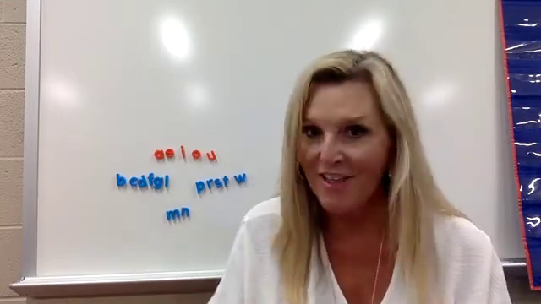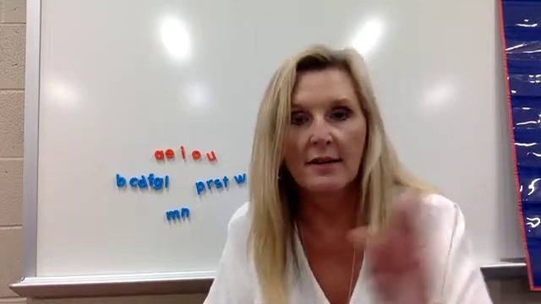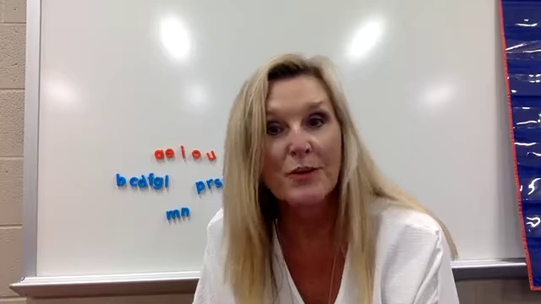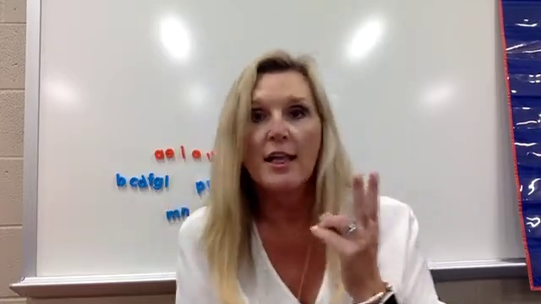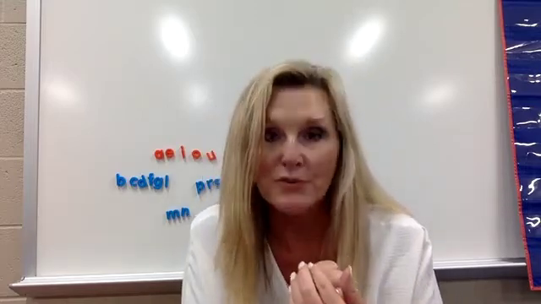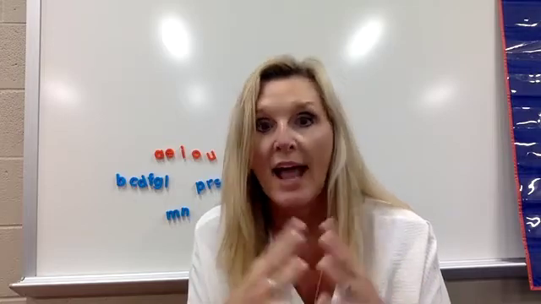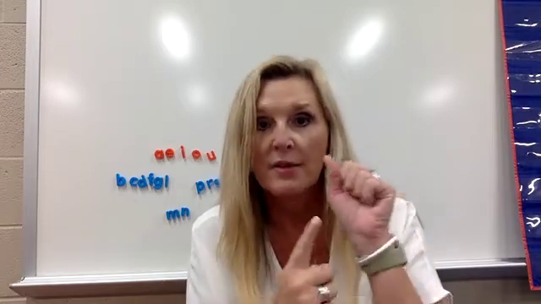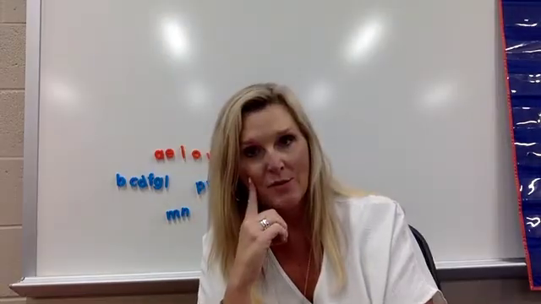Okay, now we're ready to practice the strategies that we use when we need to write a word and we're not sure how to spell it. So we do two things. The first thing we have to do is pound to see how many syllables are in that word. And once we determine how many syllables a word has, then we can tap the sounds to see how many sounds are in the word.